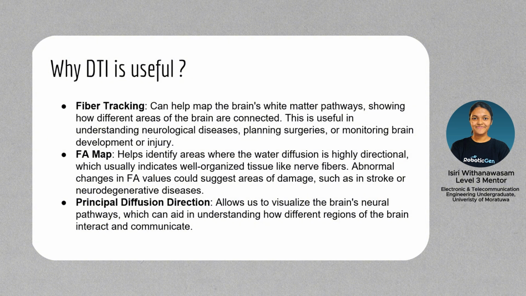So it's important to explore and examine the white matter tracts when it comes to diseases like Parkinson's and schizophrenia. Also, fractional anisotropy values tell us how directional or asymmetric the water diffusion is, and the fiber tracking map traces the paths of the brain's nerve fibers.